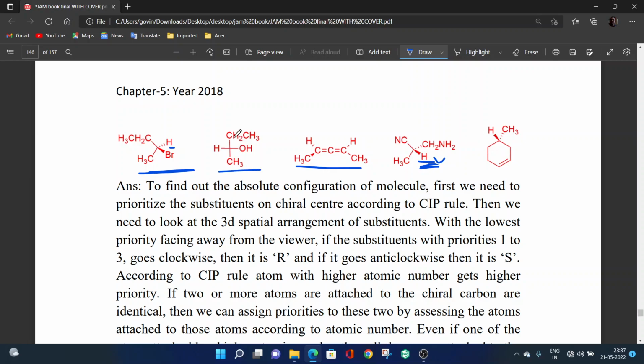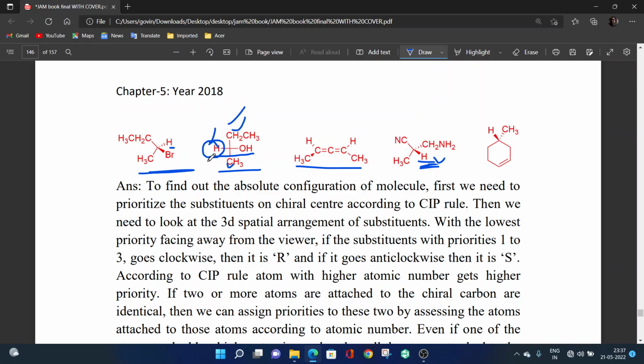So in Fischer, as I told you previously also, the vertical substituents are away from the viewer and the horizontal ones are towards the viewer. So here the horizontal is towards the viewer, this hydrogen is towards the viewer. So whatever we get, we will write the opposite of it, because we wanted the hydrogen to be in the vertical line so that it is away from the viewer.